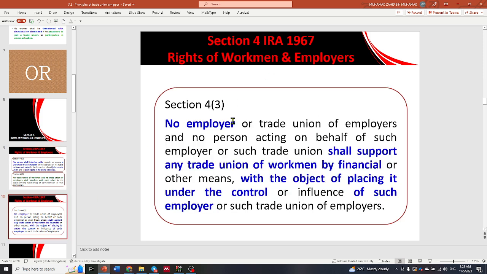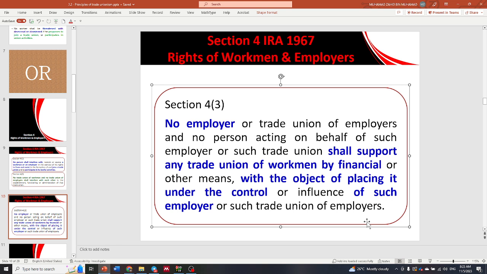And then subsection 3, no employer or trade union of employers and no person acting on behalf of such employer or such trade union shall support any trade union of workmen by financial or other means with the object of placing it under the control or influence of such employer or such trade union of employers. Apa maksudnya?